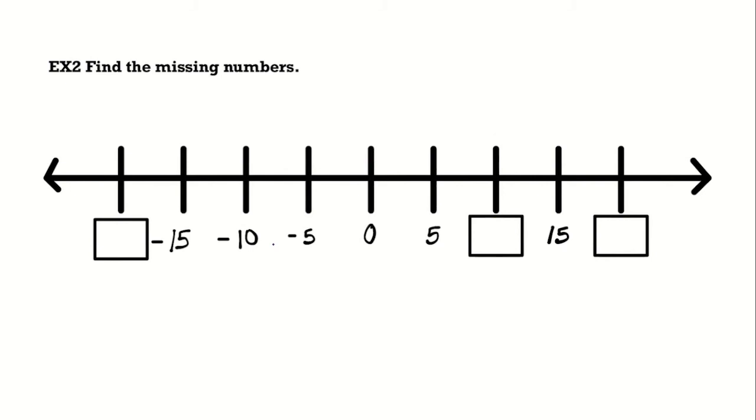Let's have example number 2. So here, identify first the scaling. So from 0, we just add 5, and so on. So if this is 5, this must be 10. And if we continue, 15, 15 plus 5, then this would be 20.